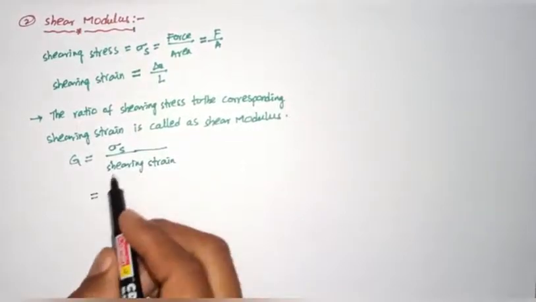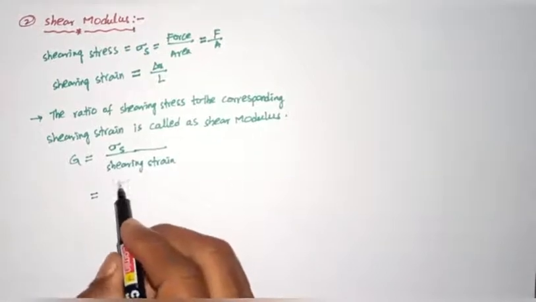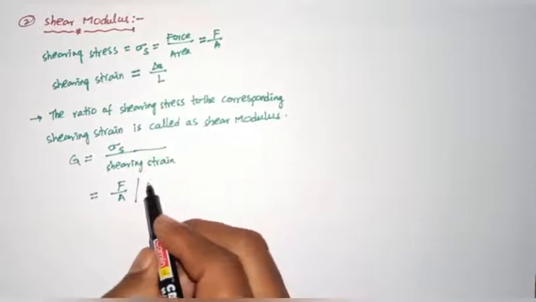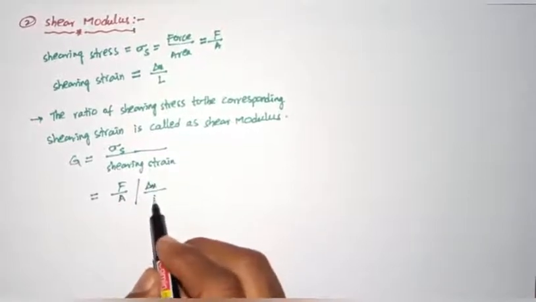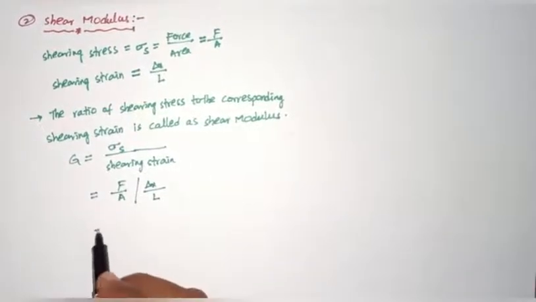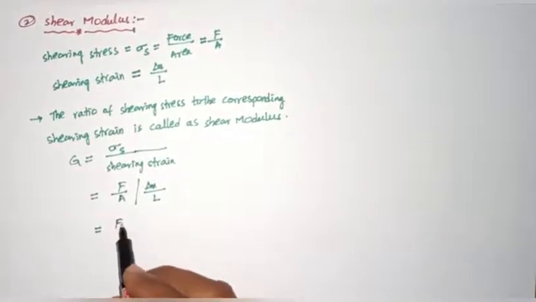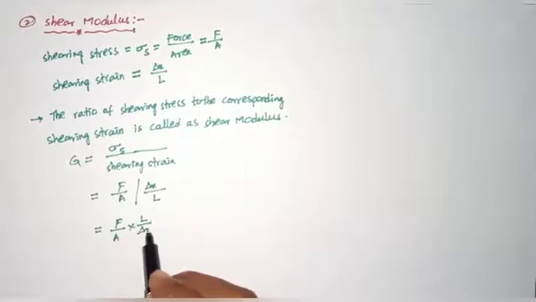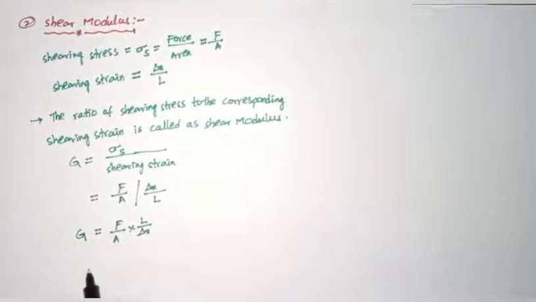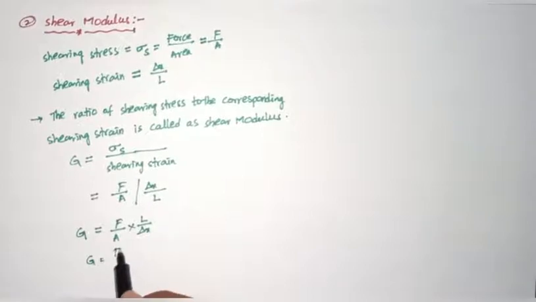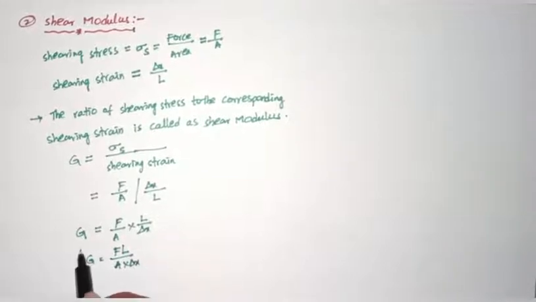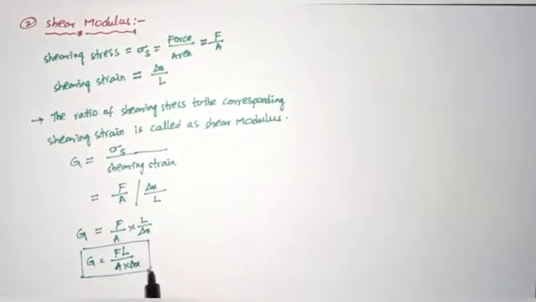Here sigma s is nothing but F by A, divided by shearing strain delta x by L, that equals F by A into L by delta x. So G equals F into L by A into delta x. So this is the shearing modulus.